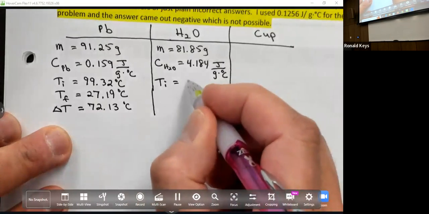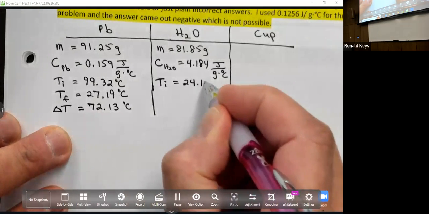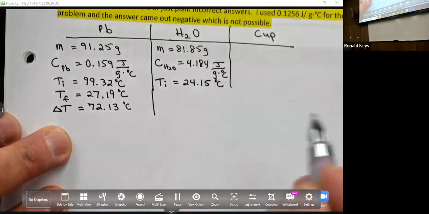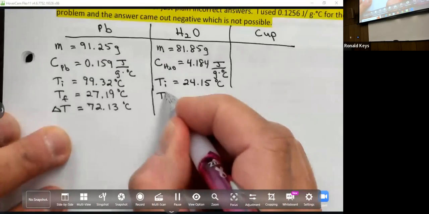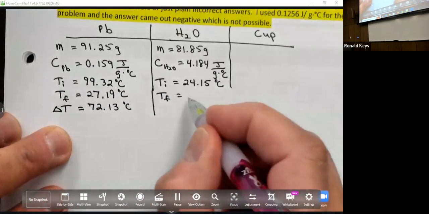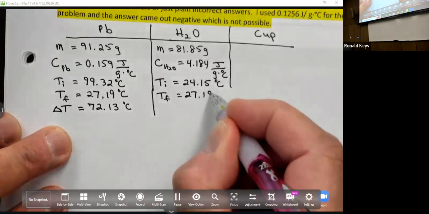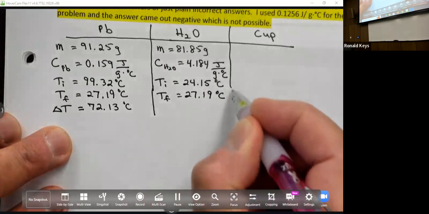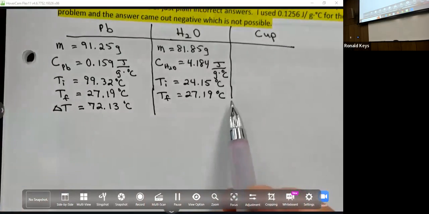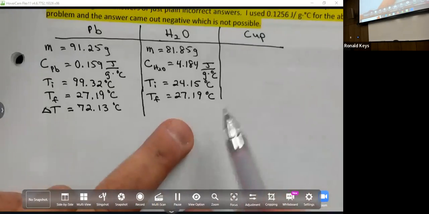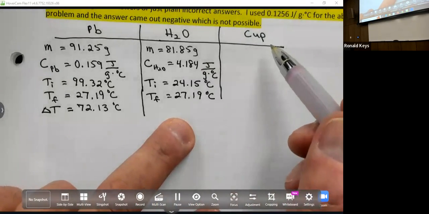So temperature 24.15. And my final 27.19. Stop my line right here. The change in temperature of the water in the cup are the same.